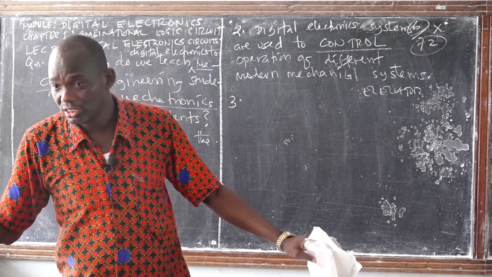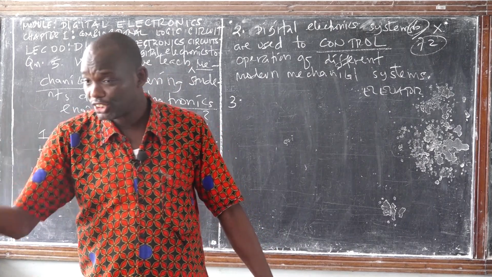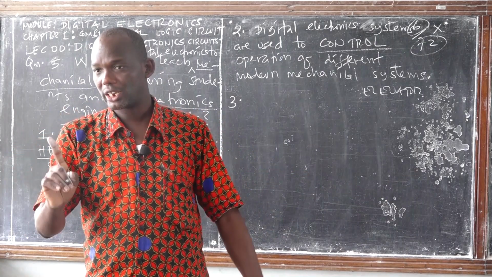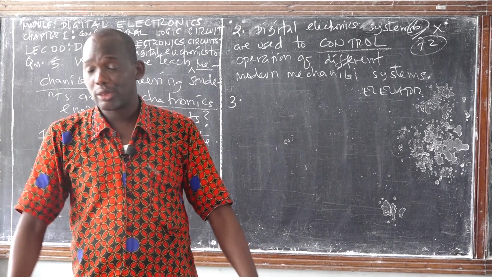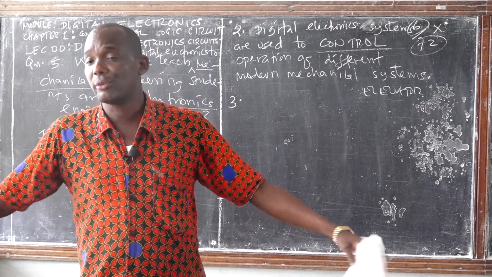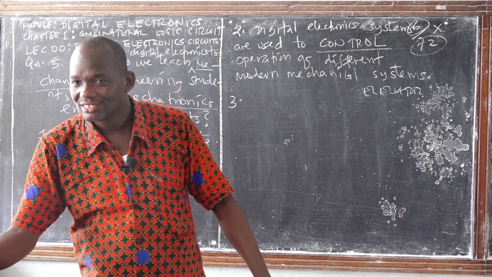It also consists of an electronic system, an electrical system, a computer system, but the main part is mechanical. It's not like a mobile phone. In a mobile phone, the main part is electronics and telecommunication. That's why we call it an electronic device.